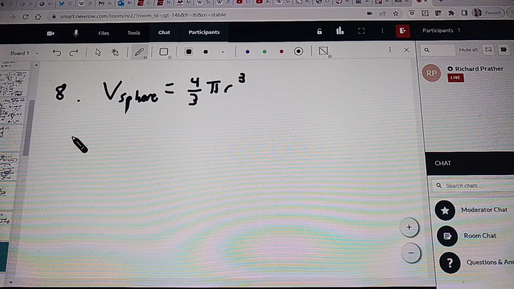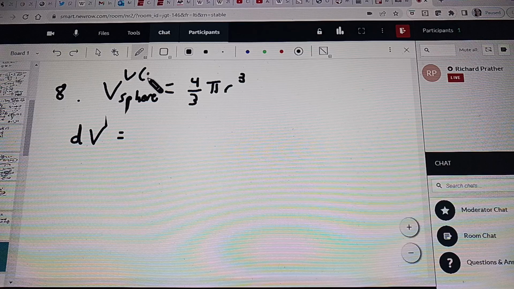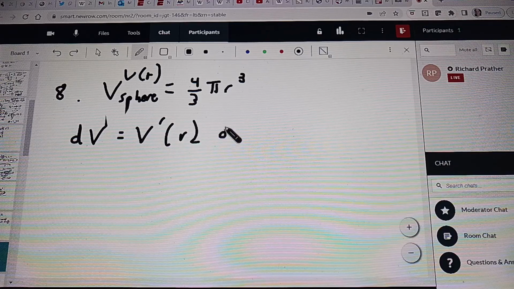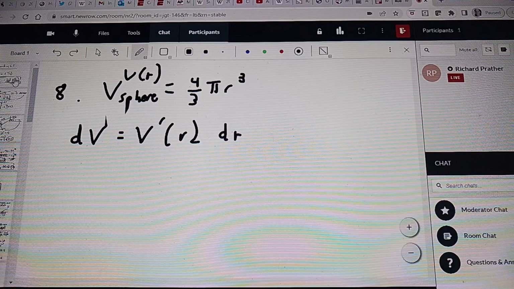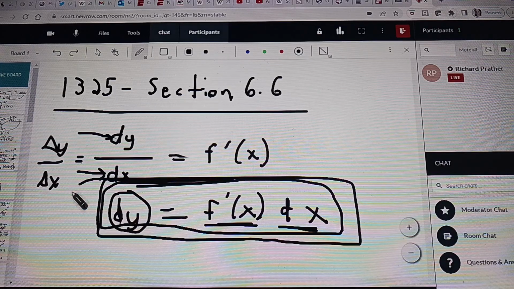So we want to do the change in volume. How is volume changing? I'll call this V of R, just to have a function notation for it, the volume in terms of the radius. So the change in volume is the derivative of volume times the change in the radius. That's the main formula we've been doing the entire section, basically just another format of this.